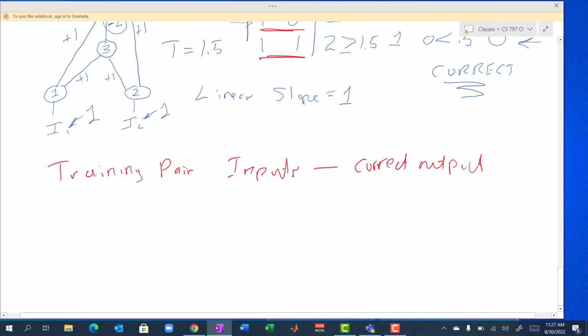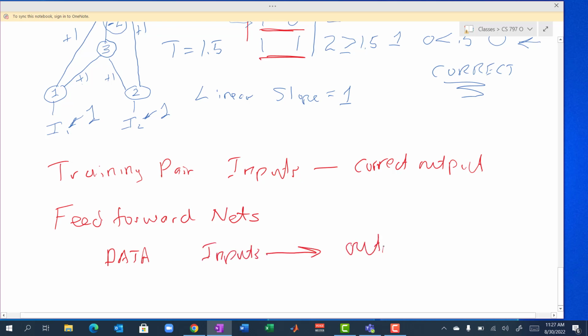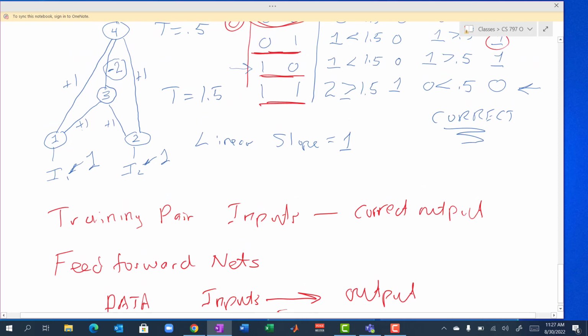All right. Another notation is that we've been looking at what are called feed forward nets. Why? Notice that the data goes from the inputs to the output in a forward fashion. There are no connections that go backward.